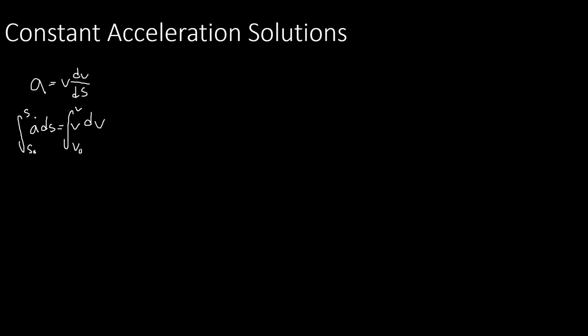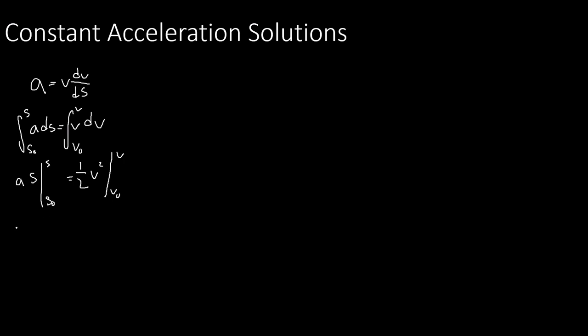So remember, this acceleration is a constant term, so we're just going to have a times s from s naught to s, and over here this v is not a constant term because it's v dv, so we're going to get a 1/2 v squared, and again that's going to be from v naught to v.